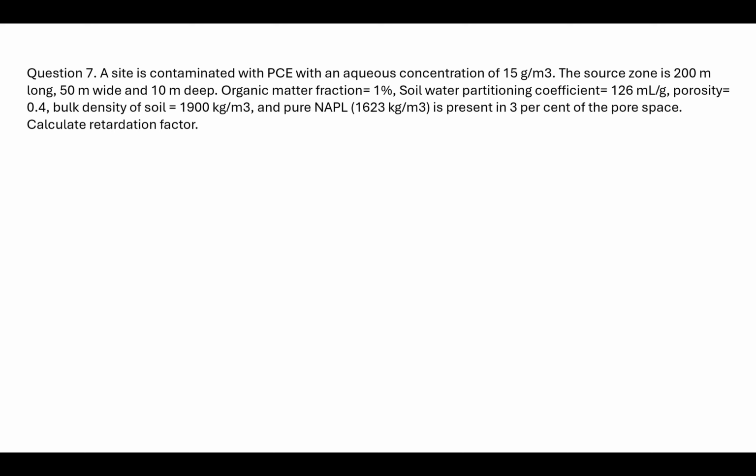Porosity is 0.4. Bulk density of soil is 1900 kg per meter cube. And pure NAPL, that is non-aqueous phase liquid, 1623 kg per meter cube, is present in 3% of the pore space. Next we have to calculate the retardation factor. Again, I will give you 5 minutes. Just take your time and try to solve this question, and then we will see what the correct value is.